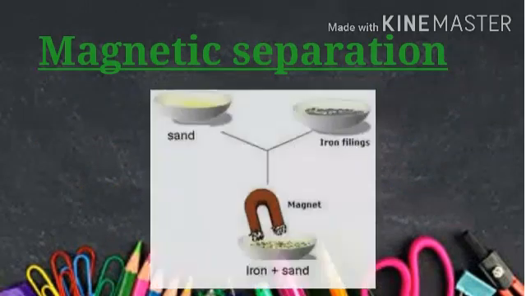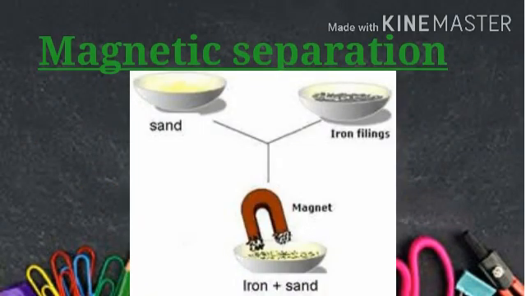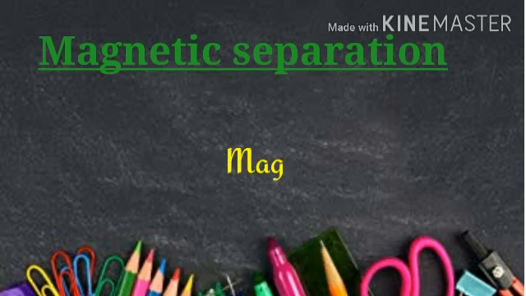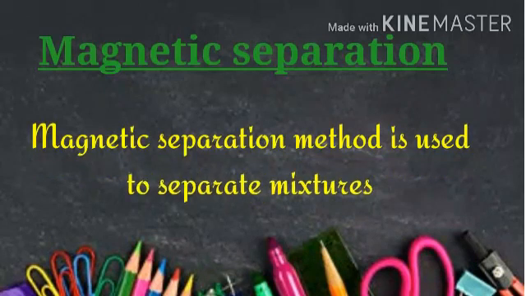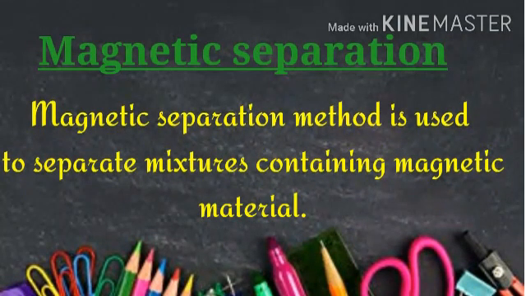If you take a mixture of small iron pieces or any other magnetic material and sand in a bowl and bring a magnet near it, the iron pieces will get attracted to the magnet and can be separated out. So you can say that this method is used to separate solid mixtures when one of the components is attracted by a magnet, or mixtures having magnetic material as one of the components.